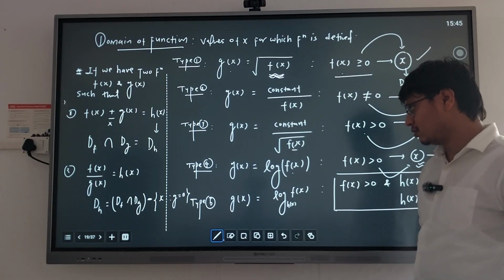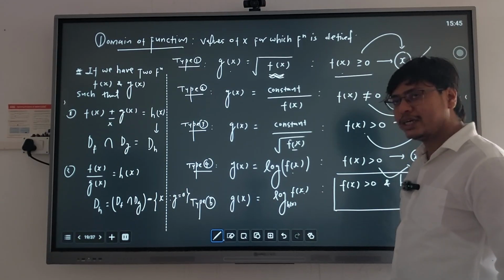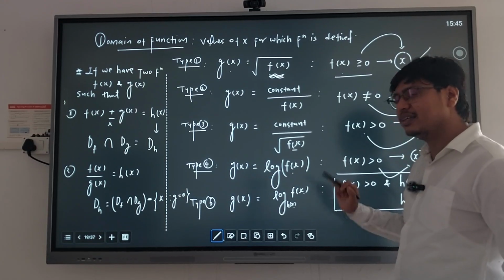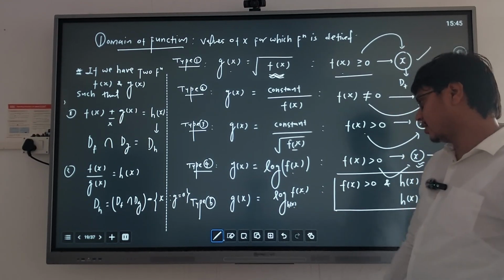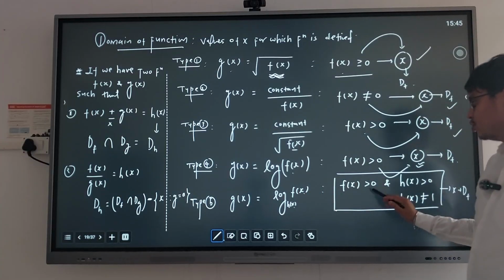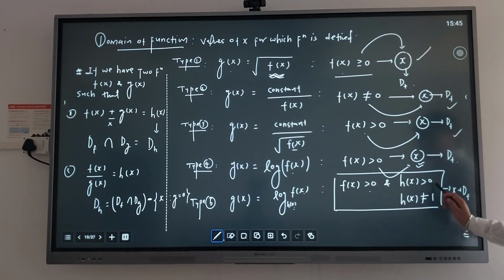Next one is log f(x) base h(x). If the operated value and the base value are both variables, then two conditions are there. The first condition is that the operated value is always positive, and the second condition is that the base value is always positive as well as never equal to 1. Why?